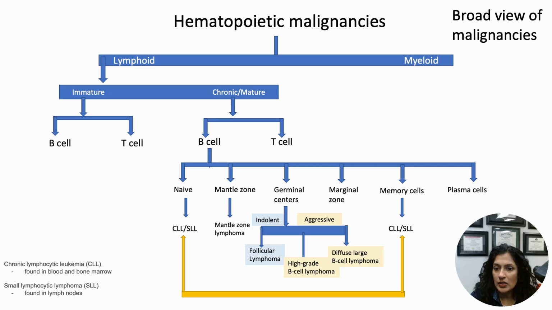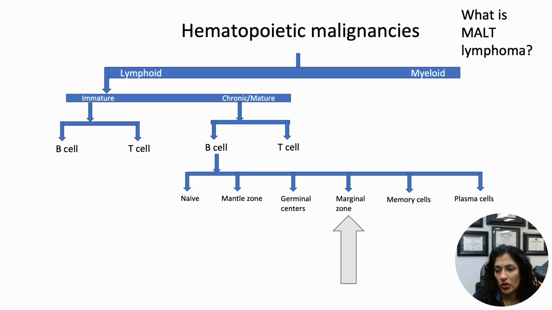Marginal zone is where B cells have already undergone activation and class switching, ultimately becoming plasma cells or memory cells. If transformation occurs in the marginal zone, you get marginal zone lymphoma.